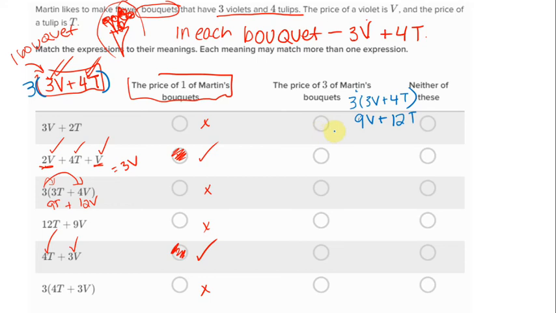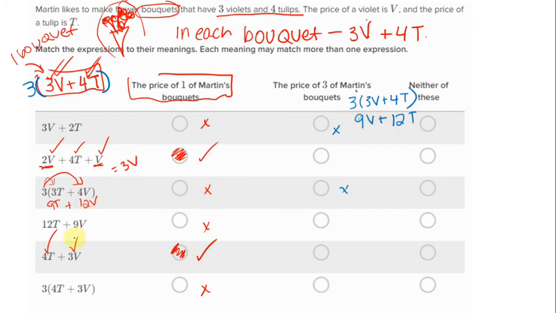First one, no. Second one we've already used. Now, third one, let's see. Third one says that we have 3 of 3t plus 4v. That's the opposite of what we have here. We're looking for 3v plus 4t, not 4v and 3t. So this one's a no. That's just there to trick you. This one, we're looking for 9v.